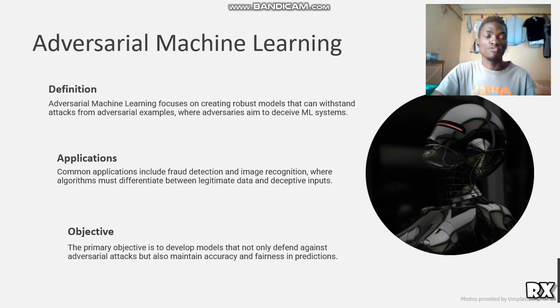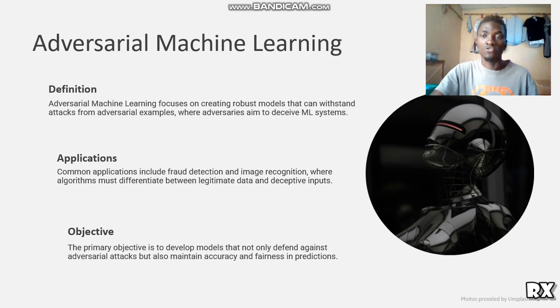Now if we move on to adversarial machine learning, it focuses on creating robust models that can withstand attacks from adversarial examples like the ones we discussed, where adversaries aim to deceive and mislead machine learning systems. Take, for example, attackers and defenders.